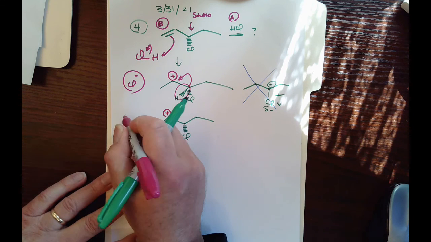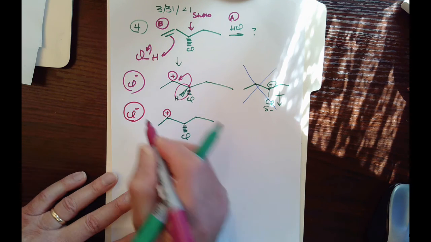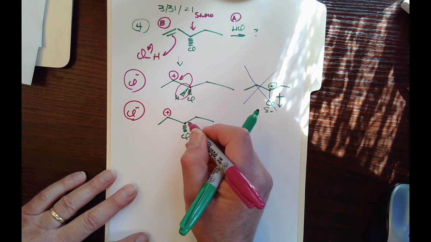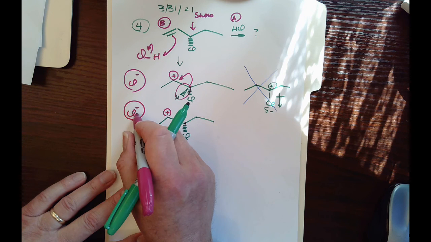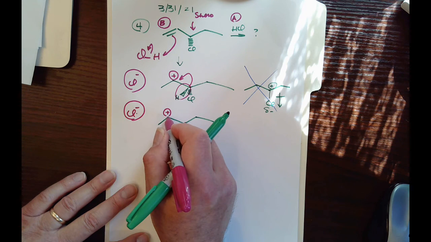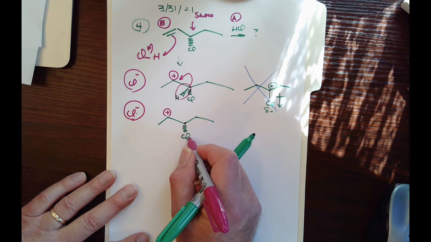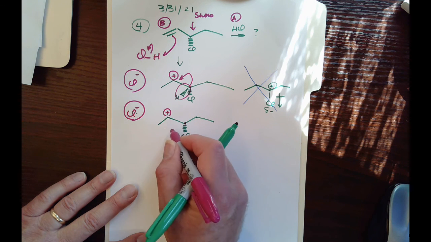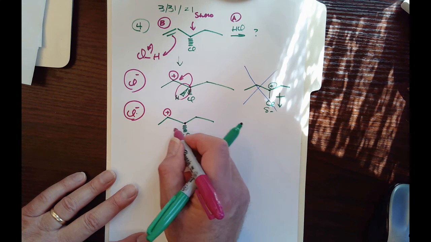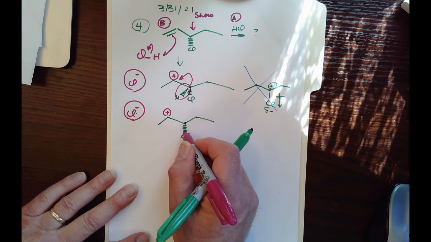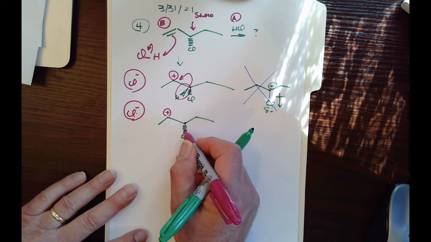The interesting thing is, because we have a stereocenter here, if the Cl comes from the top, that Cl and this Cl are anti to each other. And if it comes from the bottom, it would be the same as this, so it would be syn addition. So we really make two new stereoisomers that are diastereomers.